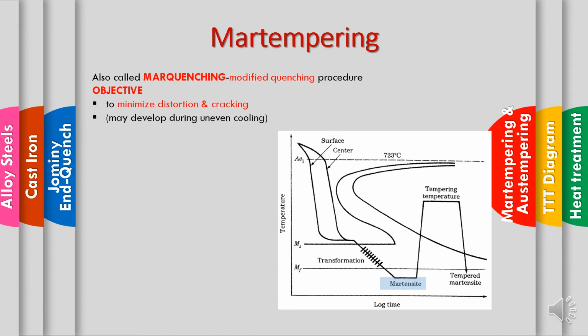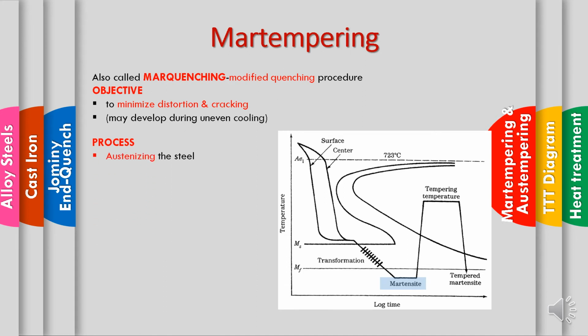The process is developed because uneven cooling produces distortion and cracking, so martempering suits to avoid this from happening.